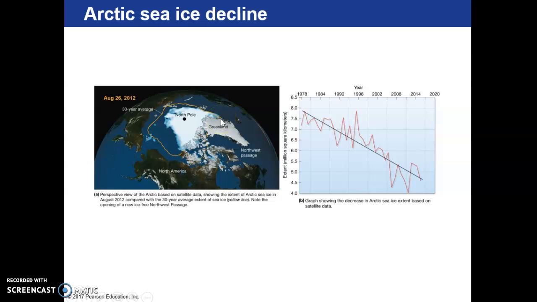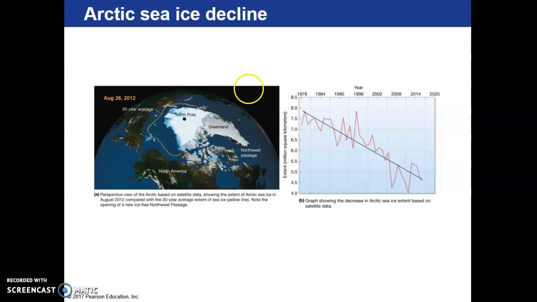So remember that creatures are either stenohaline or euryhaline, as well as stenothermal or eurythermal. So this is going to impact those creatures in both of those ways, because not only are we warming in this area, we're also changing the salinity of the water by adding that fresh water in.